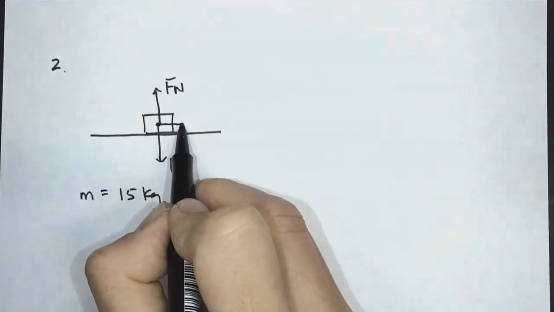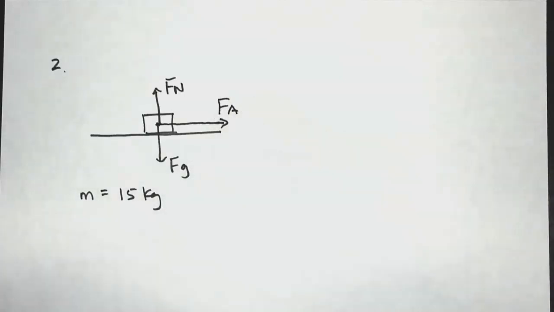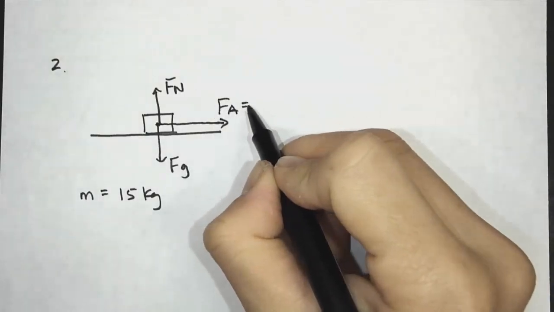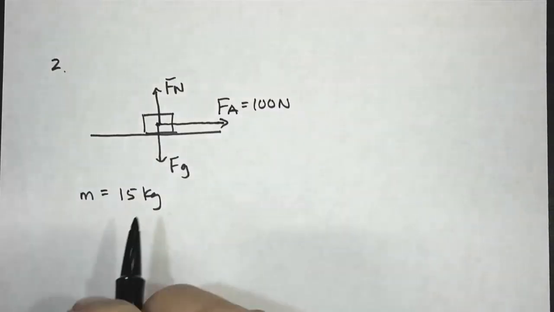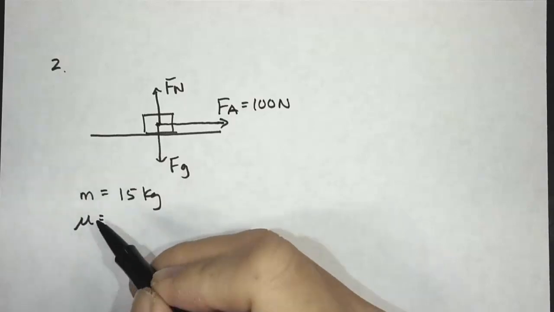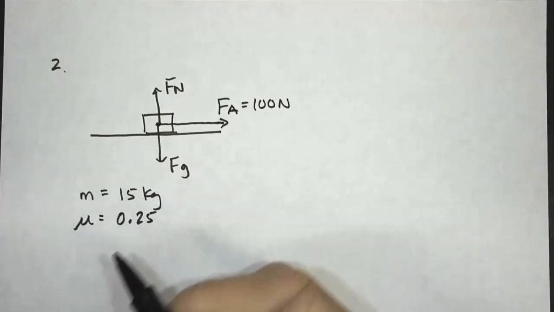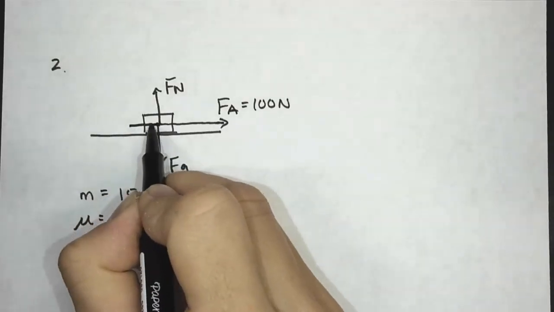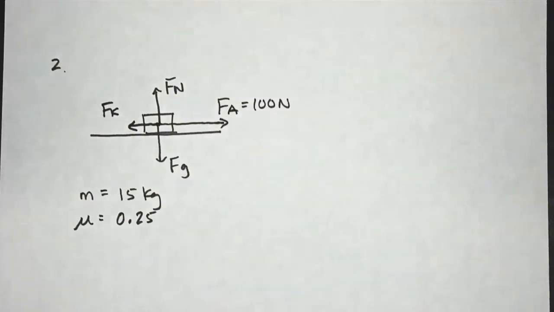It has an applied force to the right. Call that Fa. And this Fa is 100 newtons. The coefficient of friction between this crate and the floor is 0.25. There is friction, Fk.